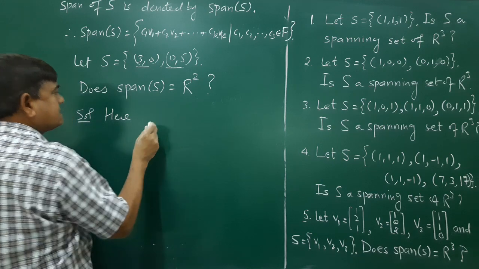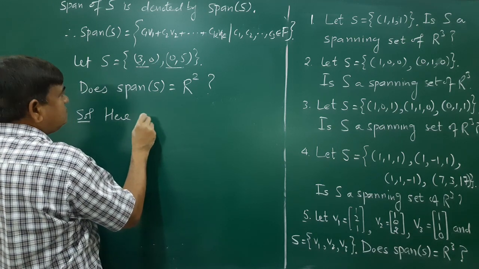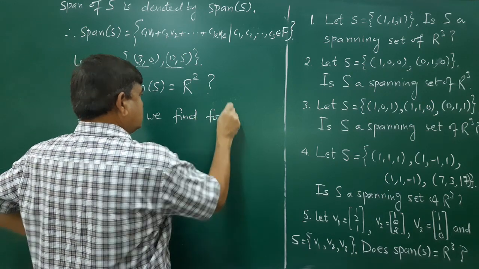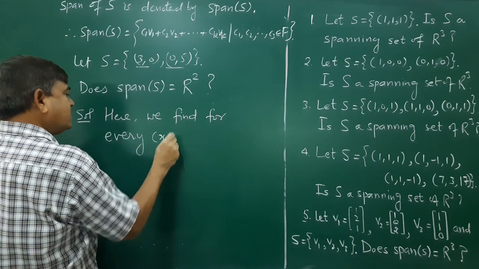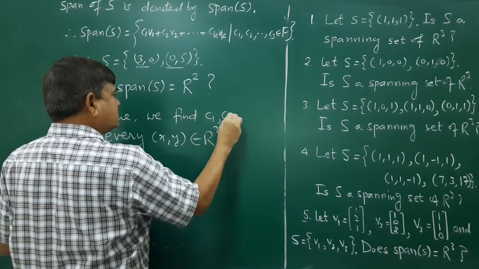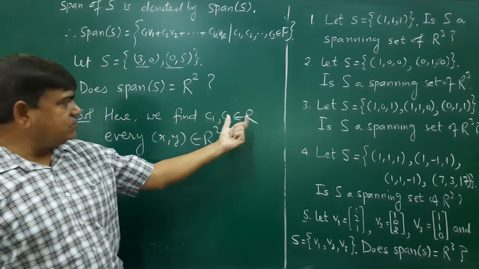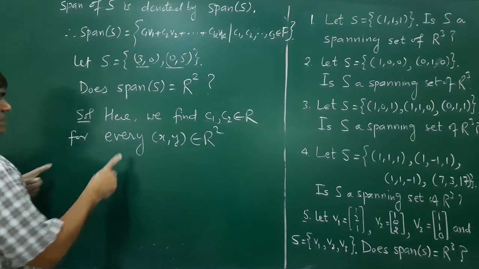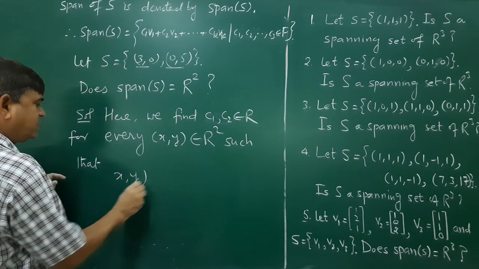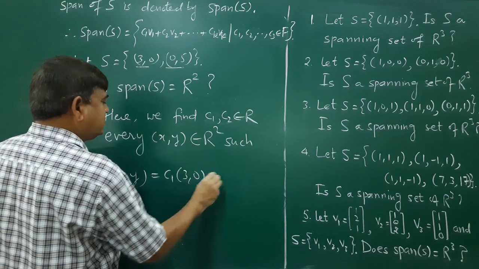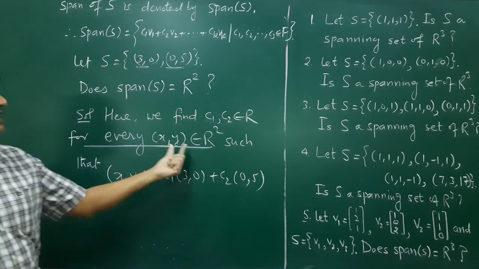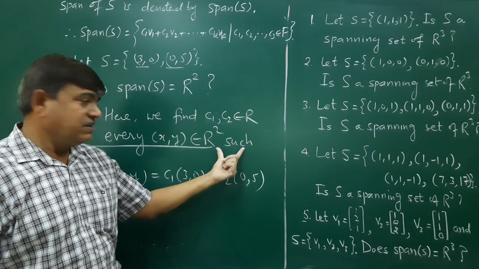Here, for every x comma y belongs to R square, we find C1, C2 belongs to R, scalars, such that x comma y equals C1 times 3 comma 0 plus C2 times 0 comma 5.